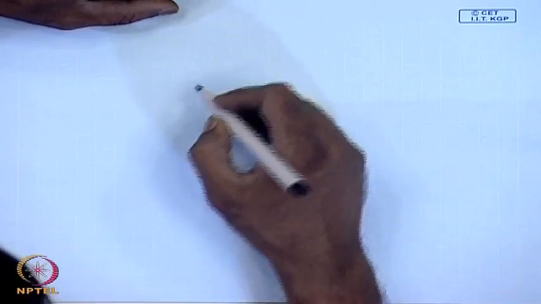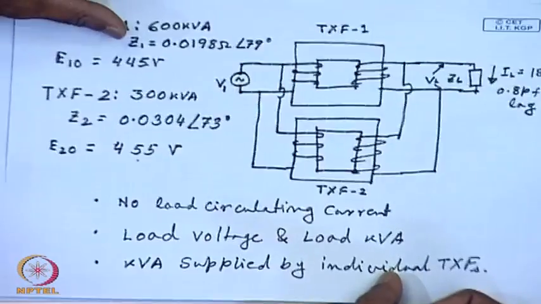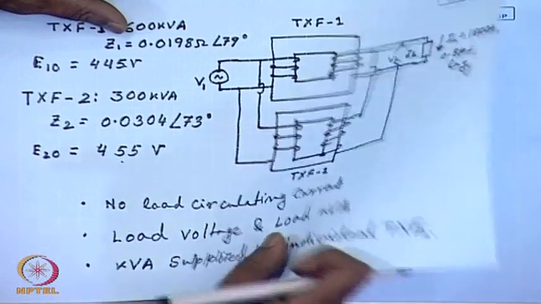In order to solve this problem, let us draw the equivalent circuit referred to the load side. Incidentally, the impedances given are referred to the low voltage side of the transformer.